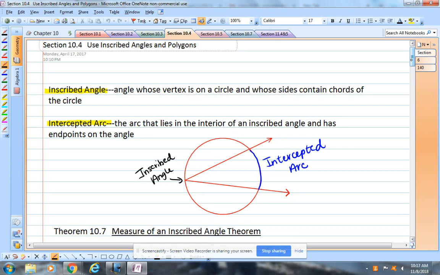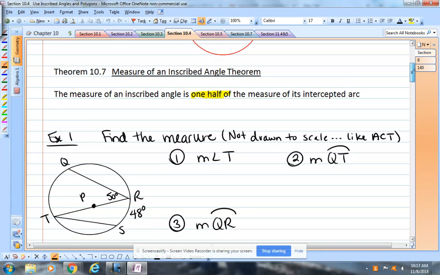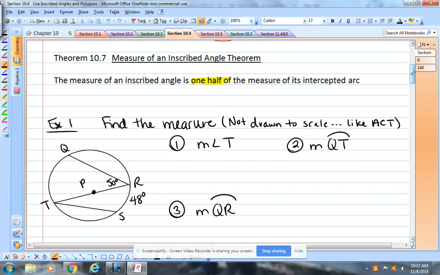All right. So here's a theorem, and I think you have a fill in the blank on your handout. The measure of an inscribed angle is 1/2 of the measure of its intercepted arc.